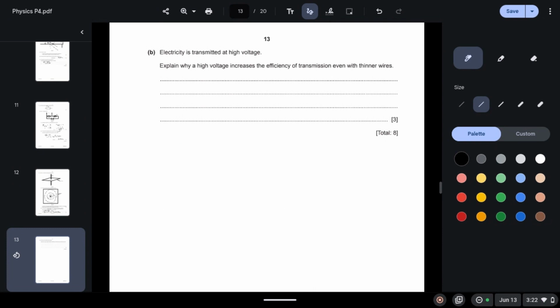Electricity is transmitted at high voltage. Explain why a high voltage increases the efficiency of transmission even with thinner wires. Okay, so we know that power loss is given by I squared R, and we also have the formula P equals VI.